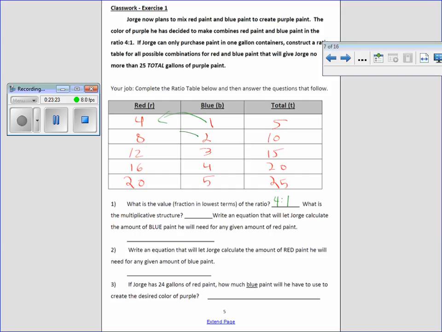I'm going to go this way, just so it's easy to see. All of those times I'm multiplying by what factor? Shania. Okay, so we say it's a multiplicative structure of times 4.